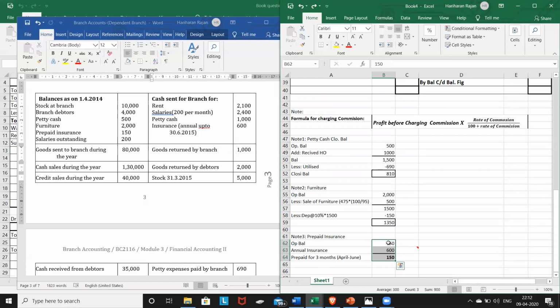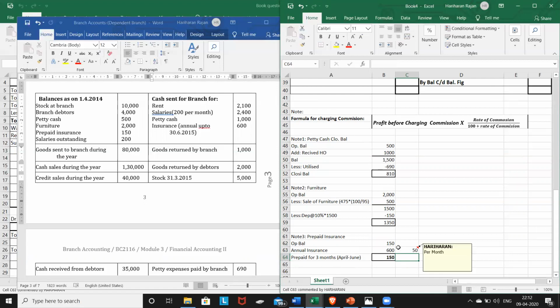So the opening balance is 150. The annual amount paid is 600. 600 divided by 12, I get 50. So if it is 50 per month, the prepaid is for 3 months. That is 2015 April, May, June.